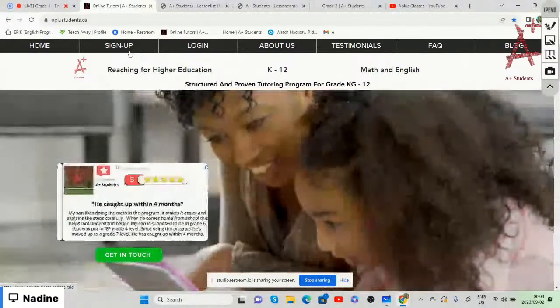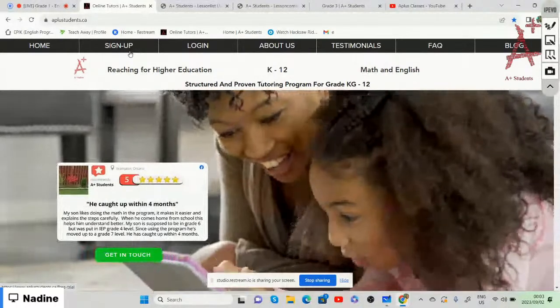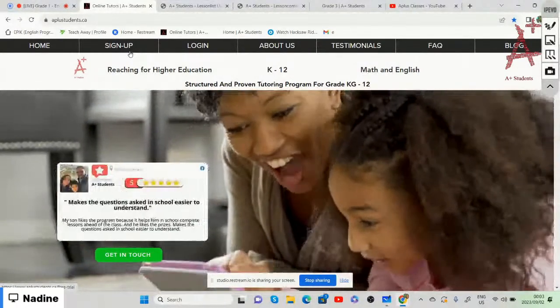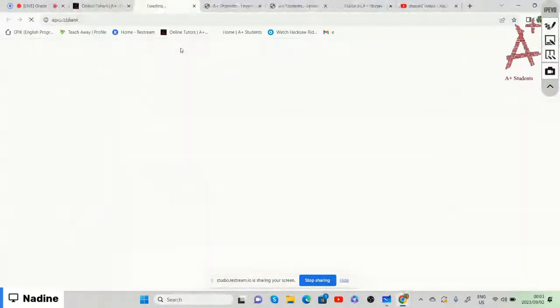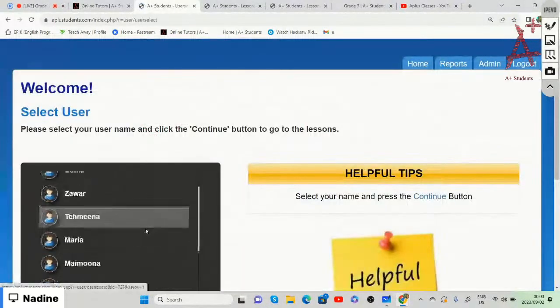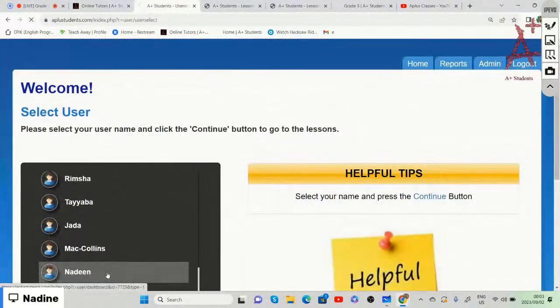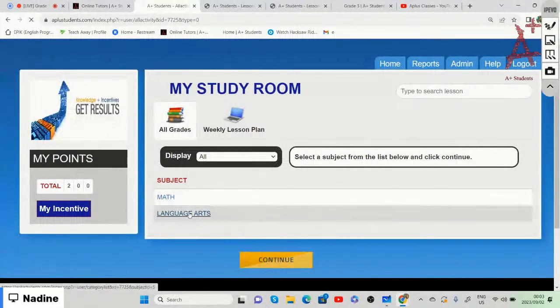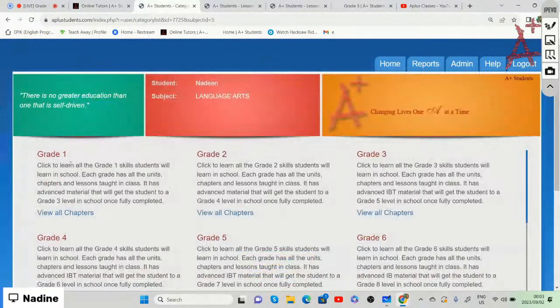And before we start with our lesson, you're going to log in to a+students.ca with your username as well as your password. And you're going to select the subject of language arts, grade one.